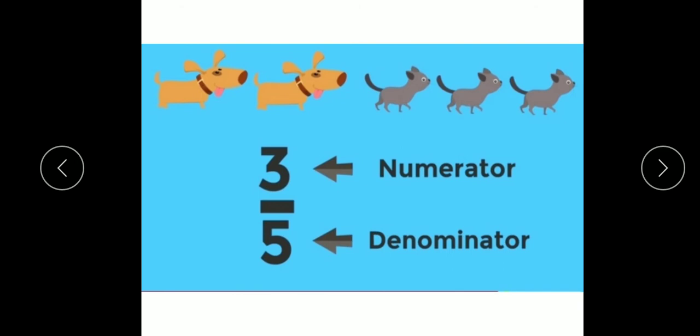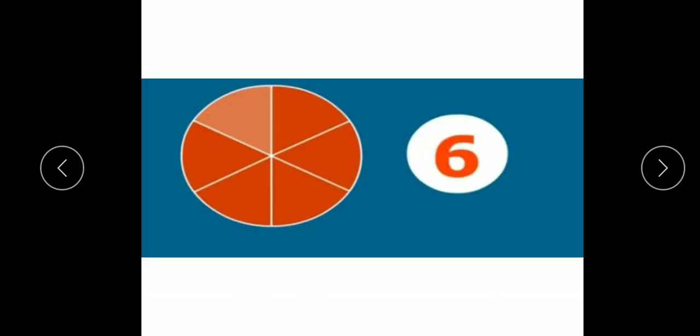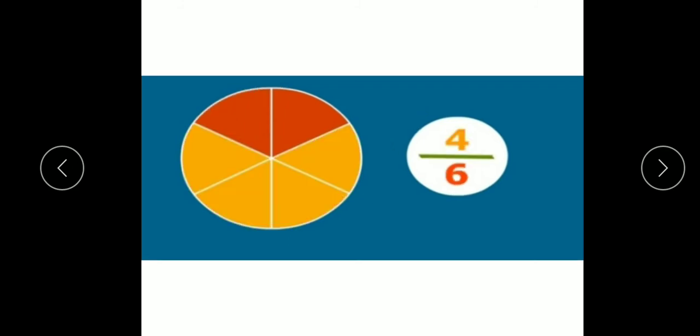Right, children? So, let's see this picture. This circle has 6 parts. Now if we want to find out the fraction of the shaded part, the shaded parts are 4. Shaded part means the parts having yellow color.